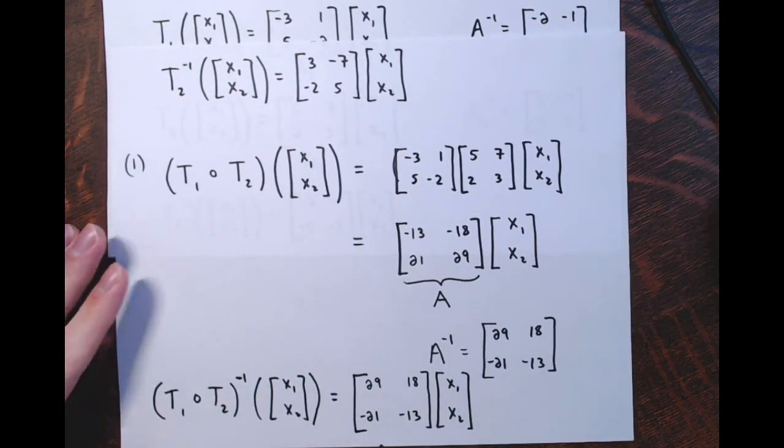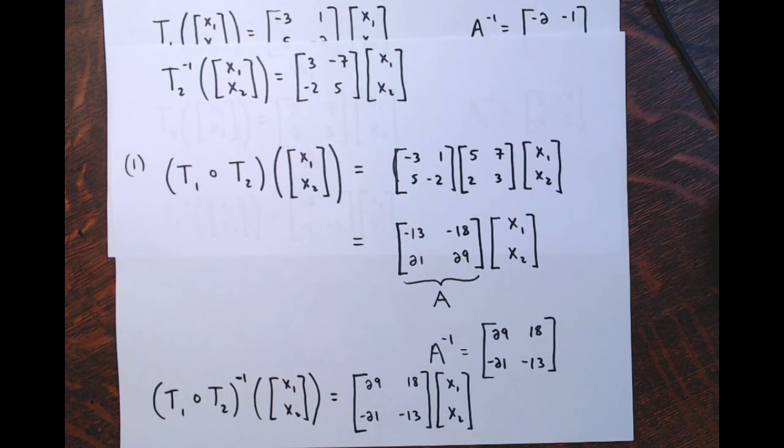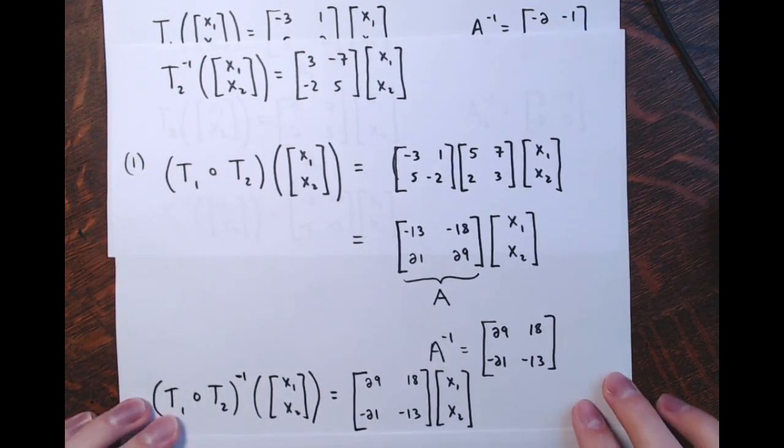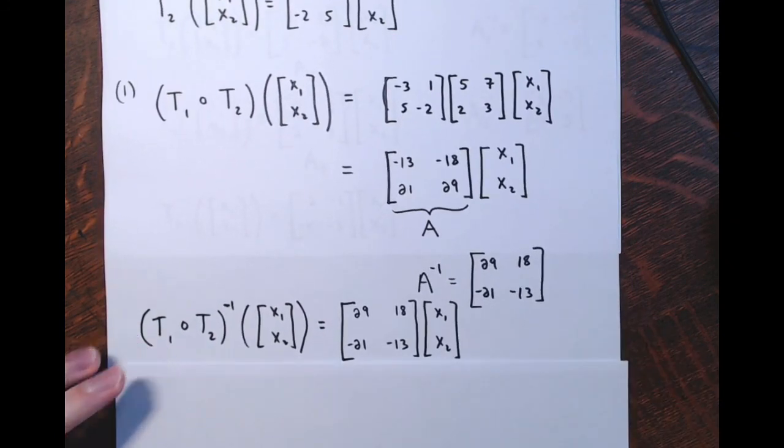What the previous page on the website was saying in the Zybooks theorem is that I could also have found this matrix by taking the inverse of A1 times A2.